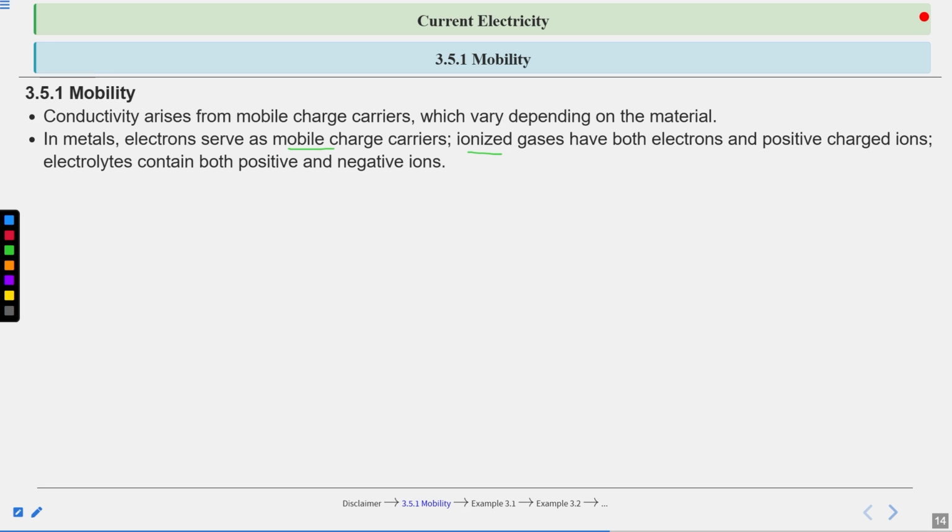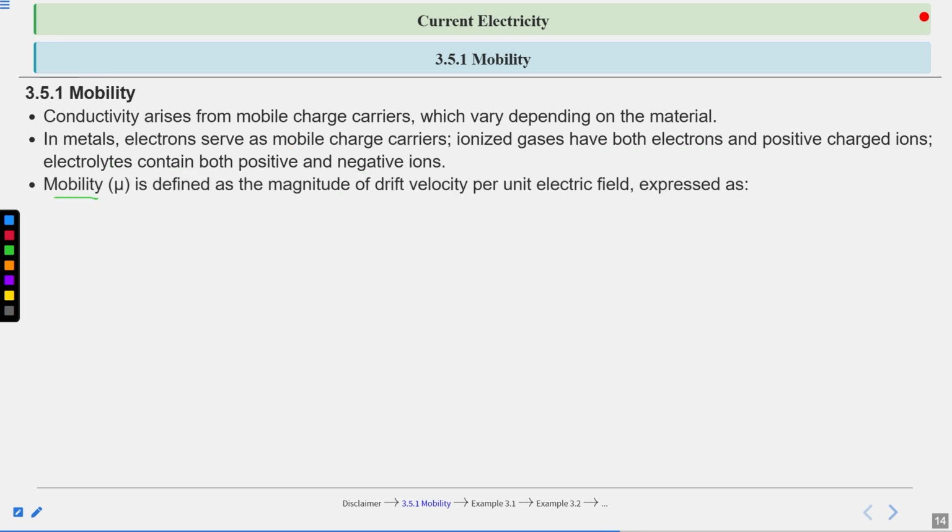The gas atoms lose electrons and become ions. This is called ionized gas, breakdown of gas. Ionized gas has both positive charge ions and electrons. Also, electrolyte solutions contain both positive and negative ions.